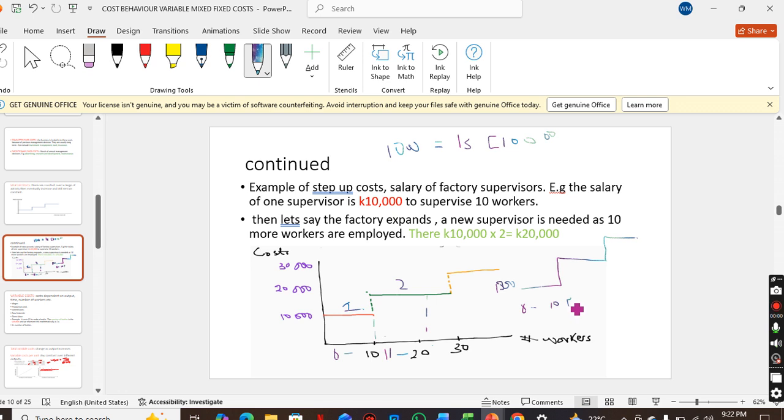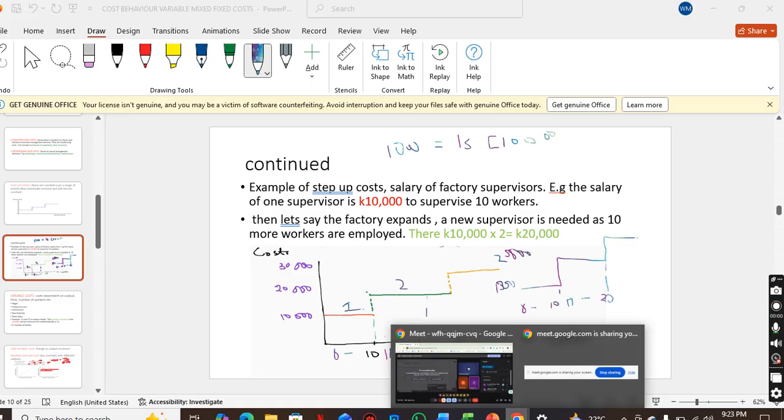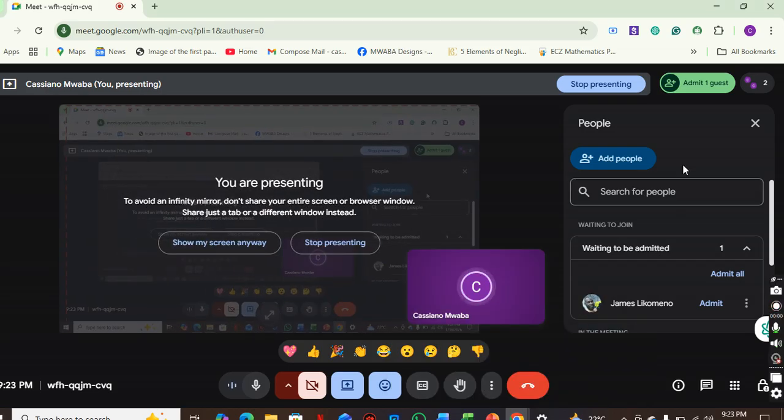From 11 to 20 workers, you're going to need 2 supervisors, so the salaries now become $20,000.